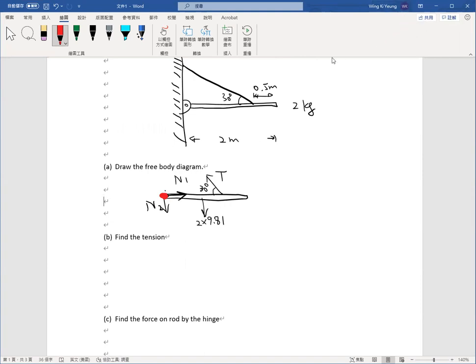The weight will provide a clockwise moment. The tension will provide an anti-clockwise moment. So that is T sine theta, the anti-clockwise moment, okay? Remember, r F sine theta, also multiplied by the distance, is 1.5, equal to the clockwise moment.